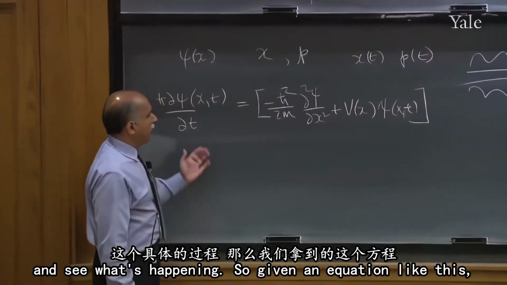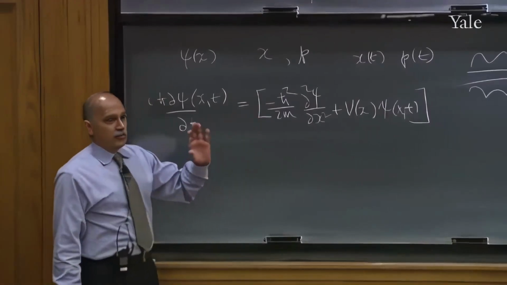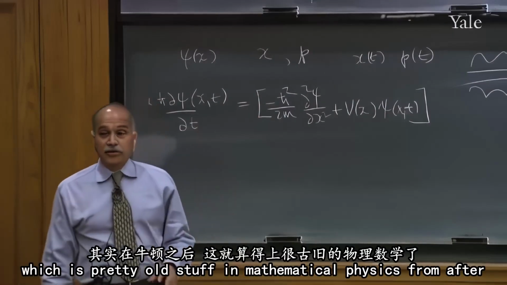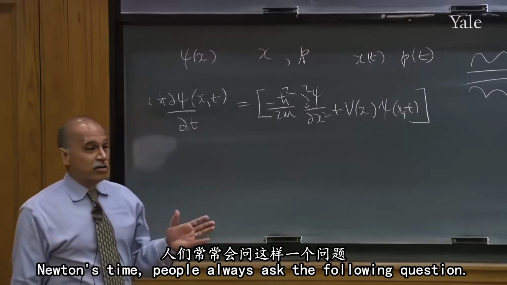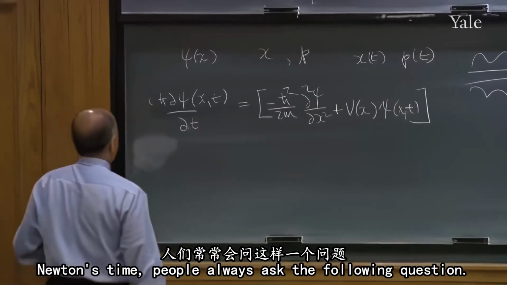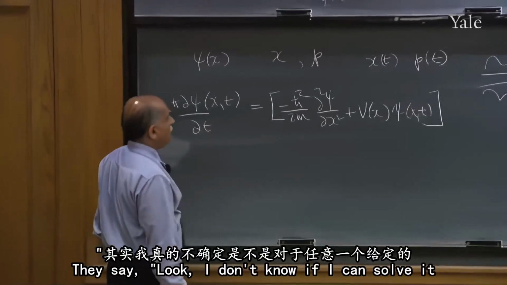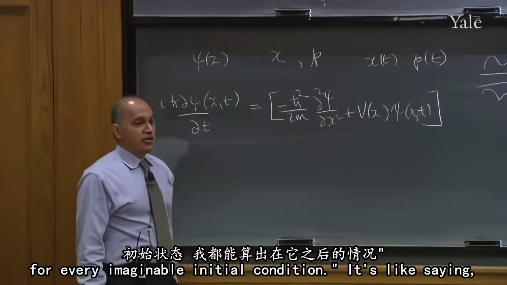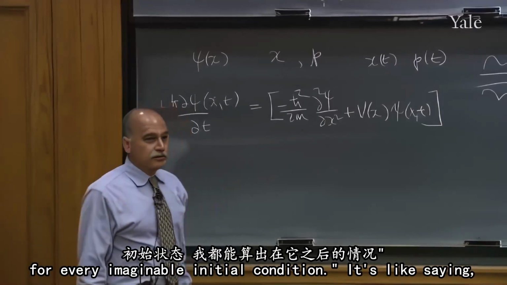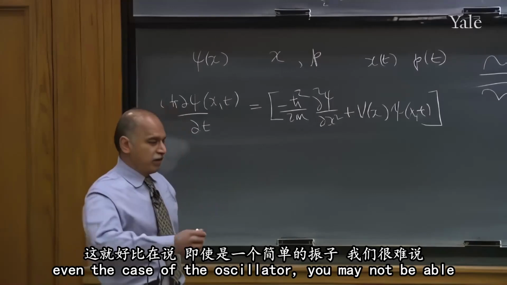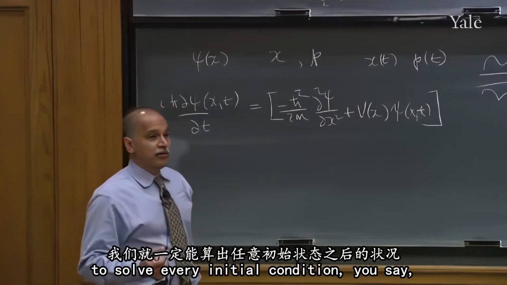So given an equation like this, which is pretty old stuff in mathematical physics from after Newton's time, people always ask the following question. They say, look, I don't know if I can solve it for every imaginable initial condition. It's like saying, even in the case of the oscillator, you may not be able to solve every initial condition.